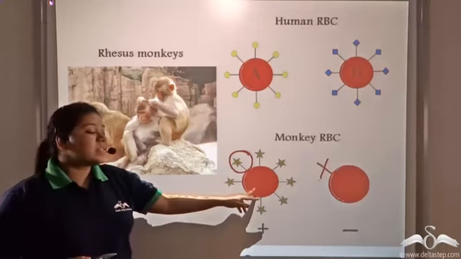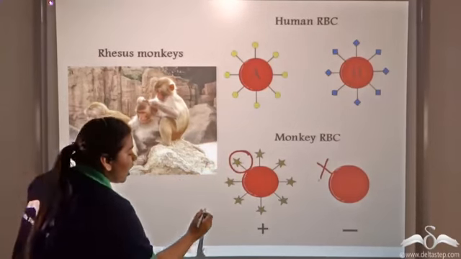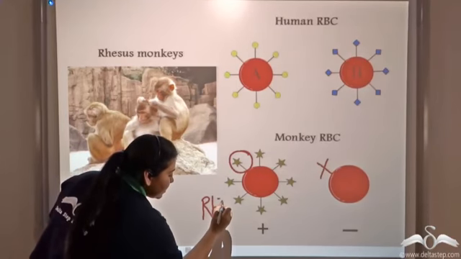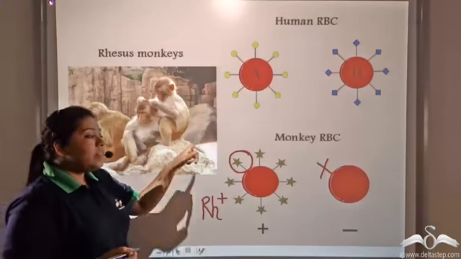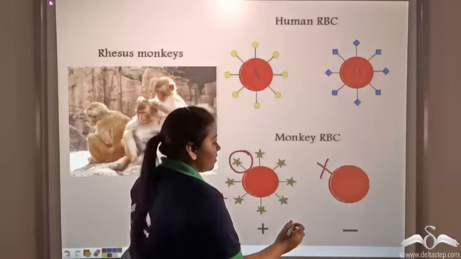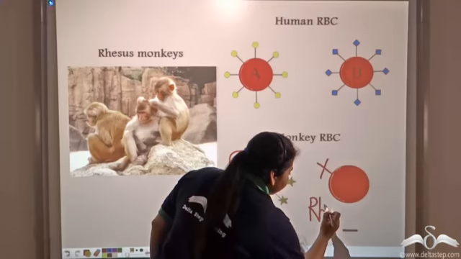So, the red blood cells that contained these antigens were called Rh positive. Rh comes from rhesus monkeys, and the red blood cells that did not have this antigen were called Rh negative.